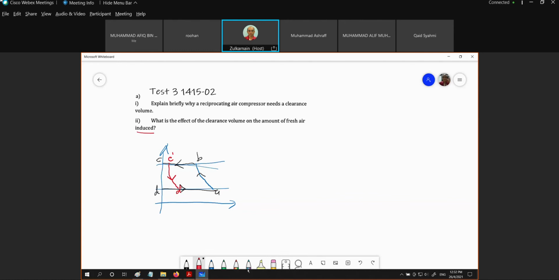So what is the effect? A, B, C, D. This is VC equal to 0.